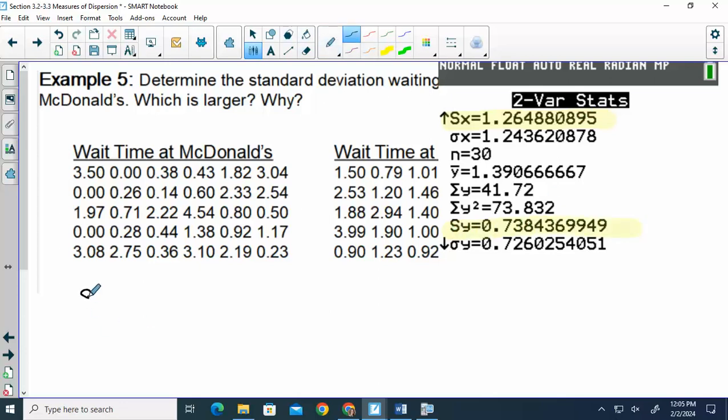So my McDonald's standard deviation versus my Wendy's standard deviation. How do they compare?